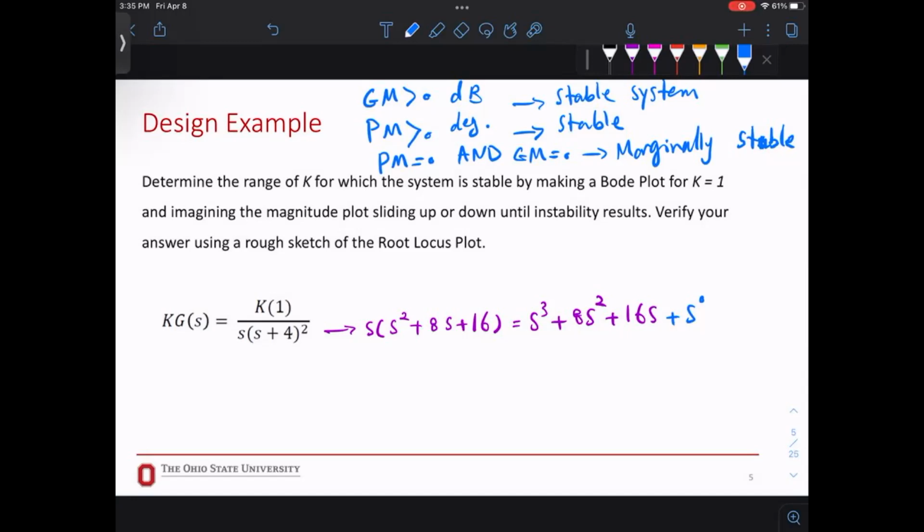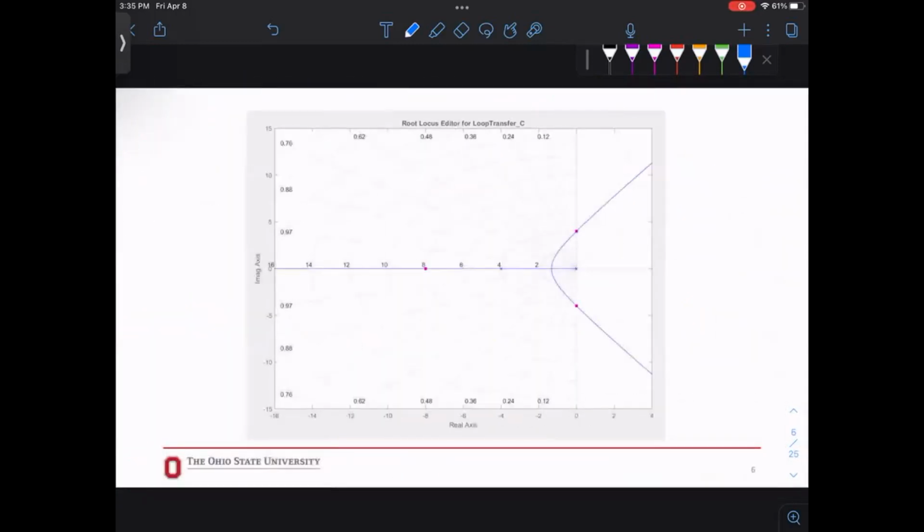Make sense? Do you understand? Okay, so now I know for some value of K, this is going to be unstable. I'm going to draw the root locus. Ta-da, I was right. This is the unstable region. It doesn't mean that the system is totally unstable. No, it will have some part that is stable. But when you're designing K, like a KP controller or a gain, you need to know where not to put it, right?